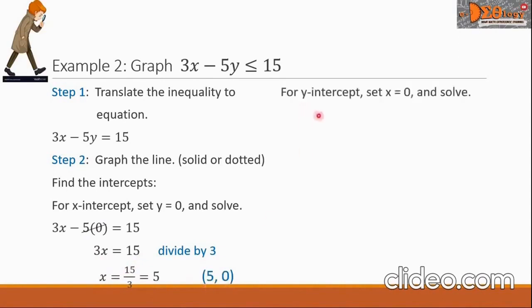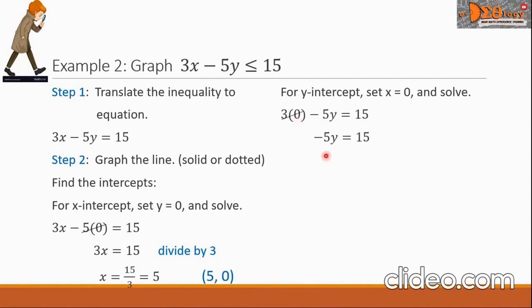Now for the y-intercept, we set x equals 0 and solve. The equation now becomes 3 times 0, the x now becomes 0, minus 5y equals 15. 3 times 0 is cancelled out as 0, so negative 5y equals 15. Let us solve for y.